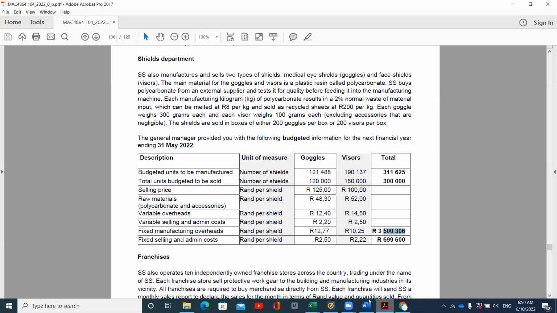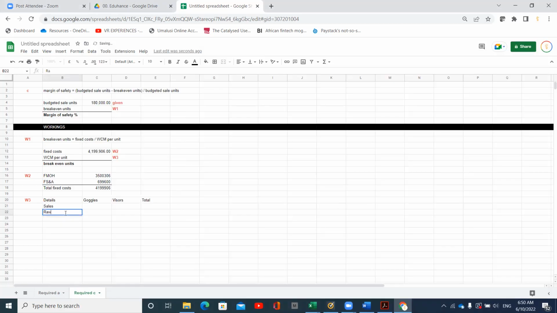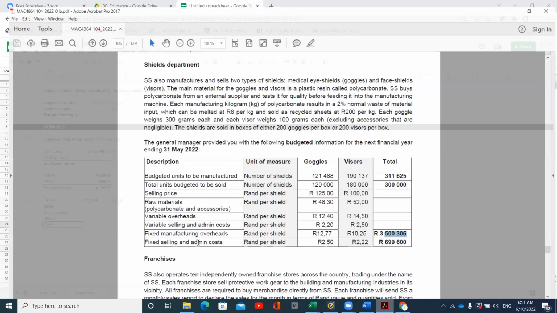So let's have a look. It's going to be raw material, variable manufacturing overheads, variable selling and admin. Let's just see if there's anything else. We don't want fixed costs.